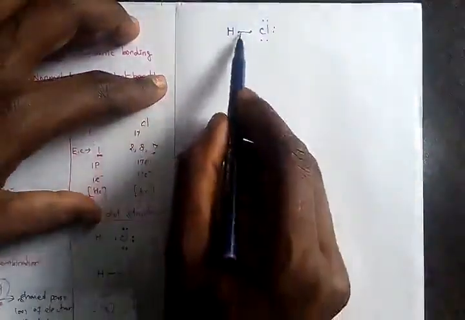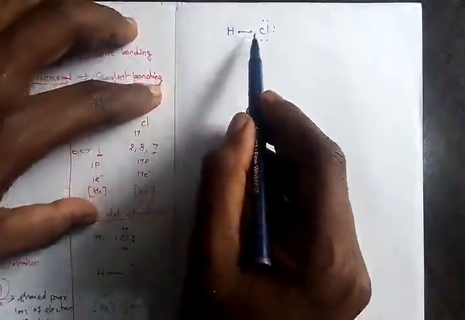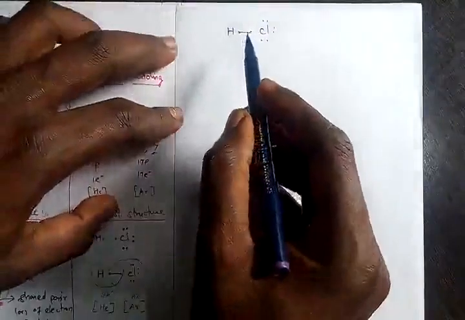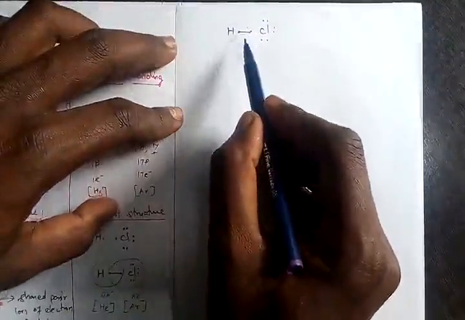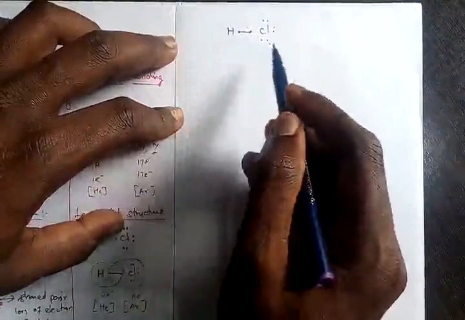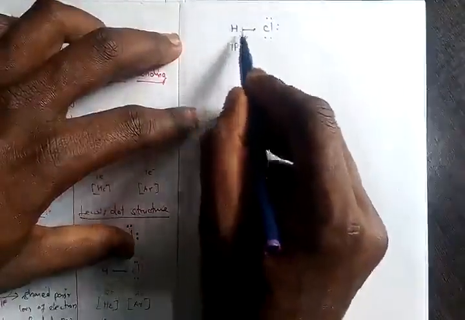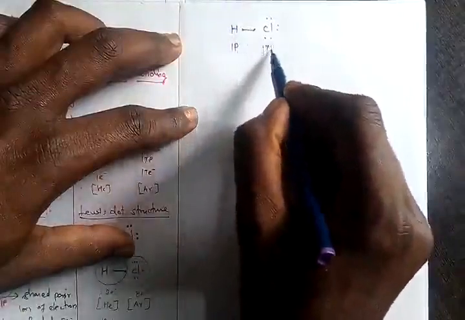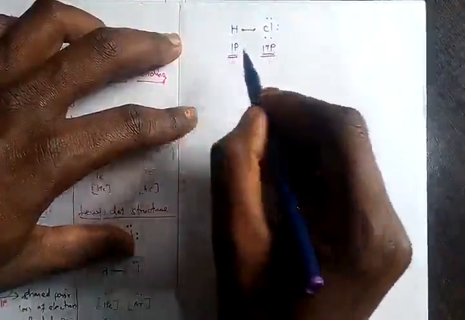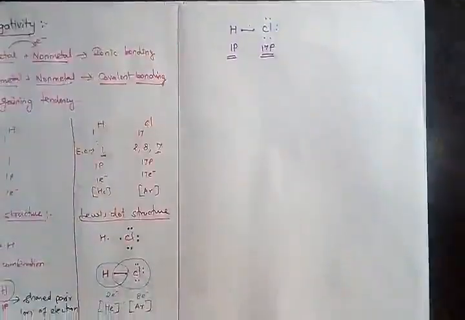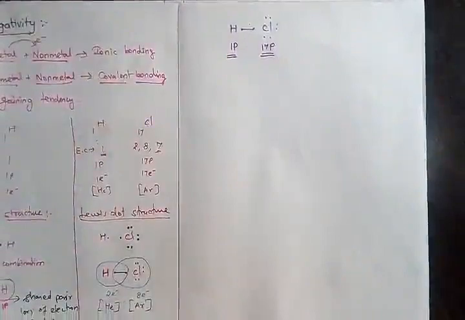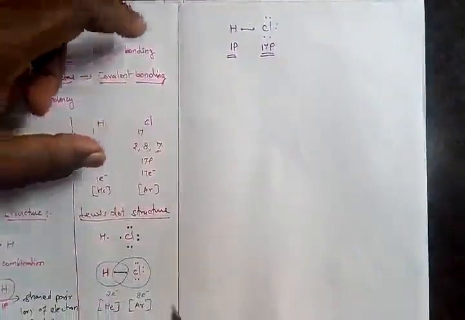My question is where these 2 electrons go, whether they should lie in the middle or else be pulled towards something else. The answer is very simple. The hydrogen has 1 proton, whereas the chlorine has 17 protons. So if you look at the protons, the chlorine has more pulling power. Am I right? The chlorine has more pulling power.